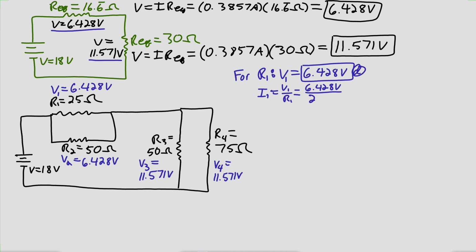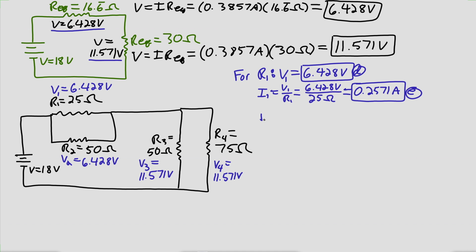The first resistor is 25 ohms. And let me check my sheet. That's going to give me a current of 0.2571 amps. So that's one of my answers for part E.